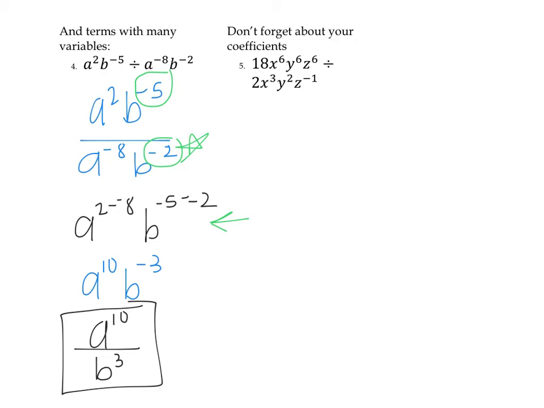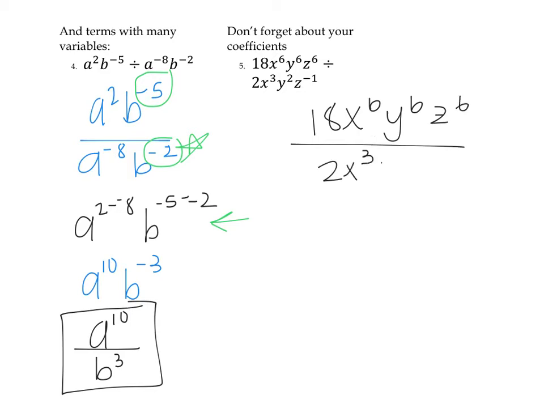Okay, next question now has coefficients. So I'm going to rewrite them as a fraction. 18x to the 6th, y to the 6th, z to the 6th power, divided by 2x cubed, y squared, z to the negative 1. I'm literally just going to follow my rules, except now we have numbers at the beginning, so make sure that you're still following that same thing of division. We know 18 divided by 2 is 9. We're not adding those numbers, okay? So 9.